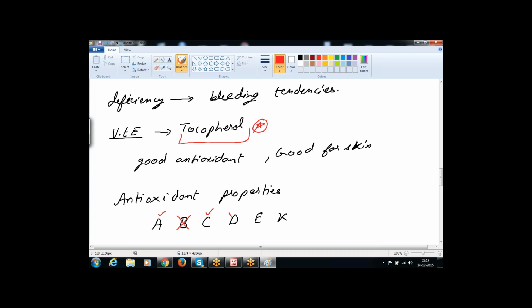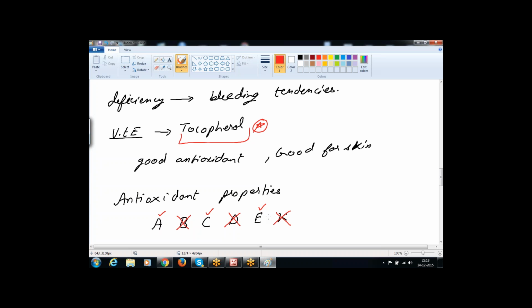Third one has, fourth one doesn't have. Fifth one has, sixth one will not have. So if you write them in sequence, A, B, C, D, E, K, and just go like this. So A, C, E have the antioxidant property, whereas B, D, and K will not have antioxidant property.